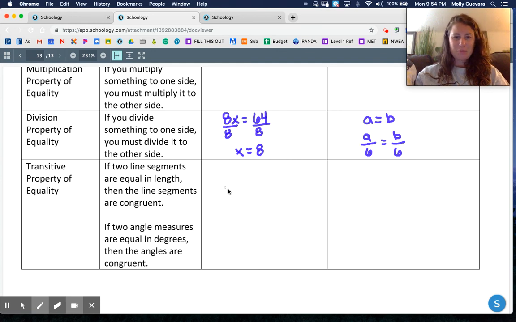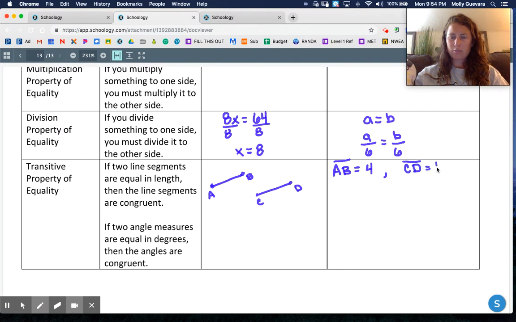So what this means is, let's do a line segment example, and then let's do an angle example. So if this line segment, let's call it AB, let's call this one CD. Okay, so if AB is equal to 4 units and CD is equal to 4 units, right?